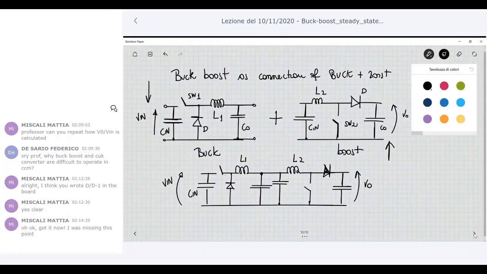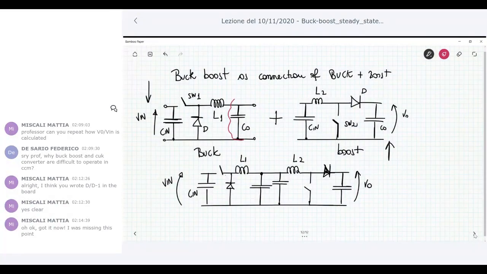Now we should remember something that I said at the beginning of the discussion, for example, in the boost and the buck. I said that, in the buck converter, the output capacitance, which is C naught, this one, is not strictly essential to the operation of the buck. Remember, I need a low-pass filter. But the inductance L1 with the resistance connected at the load side is itself a low-pass filter.